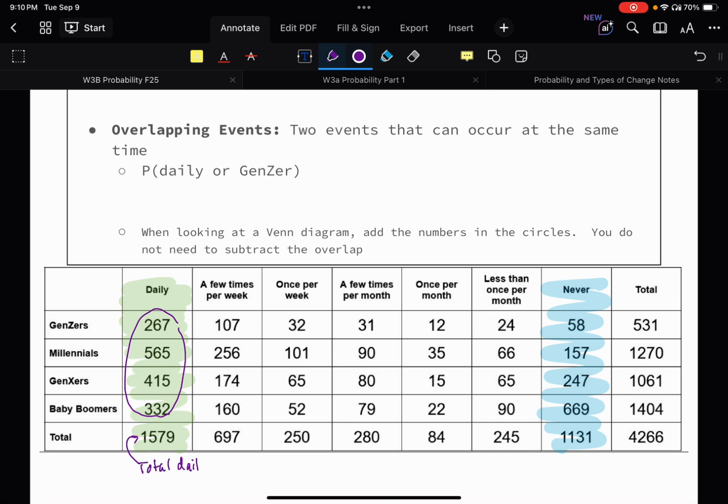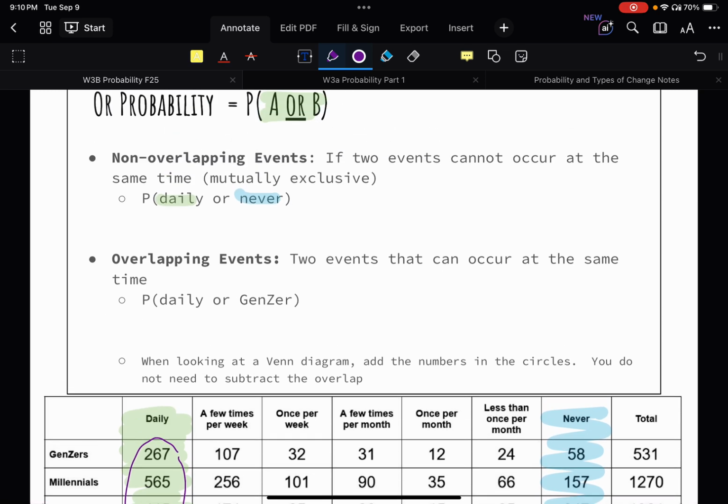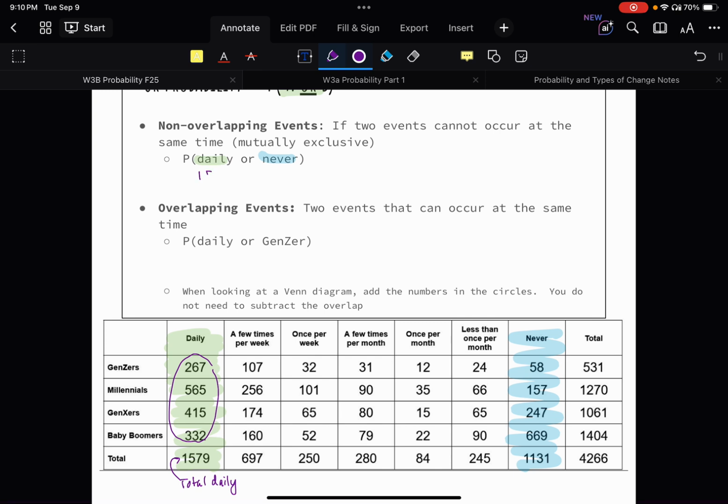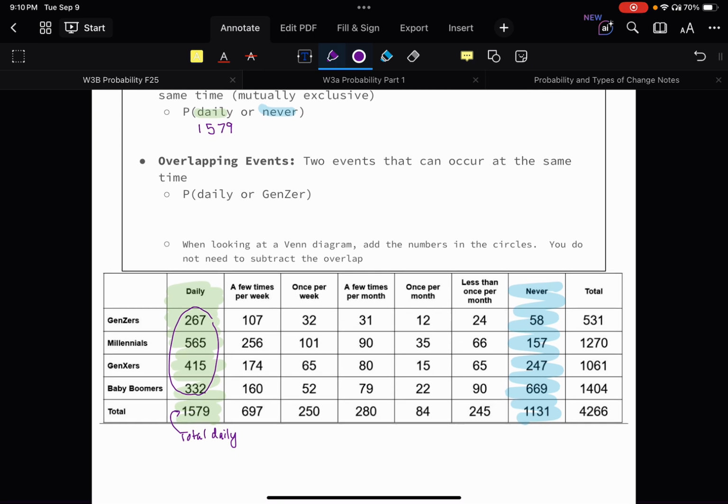And so I can just take that number instead of adding those four separate numbers and say, okay, well, daily, there were 1,579. And then it's combined with all the never users. And just like that, I could add all four of those numbers, or I could simply say, well, we have that total there, 1,131.